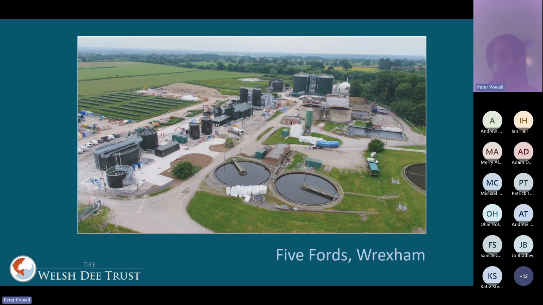It's one business, Dŵr Cymru, that owns all the sewage treatment works on the River Dee. So this would be, I think, the largest single contributor and single pathway for phosphorus making its way into the River Dee. But it is quite heavily permitted, and so it's probably one of the more controlled routes.